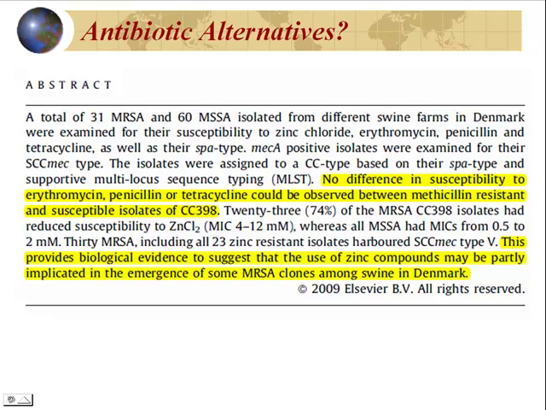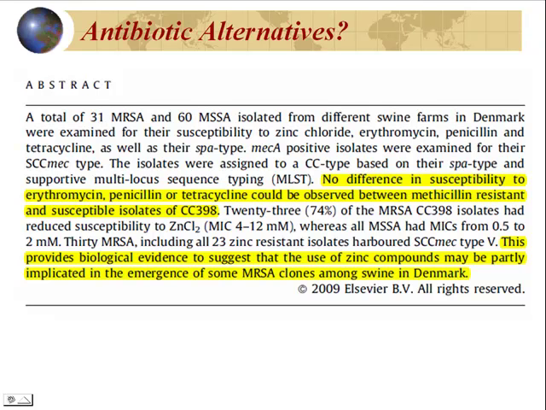I showed you that plasmid where there was resistance to mercury on it. Metal resistance is becoming a very common thing. You can find resistance to copper used in disinfectants. It might be selecting for antibiotic resistance: mercury, silver, and in this case, zinc. What happened in Denmark? Well, they had to replace some of their antibiotics with other things. One thing they replaced it with was zinc oxide. They've also got zinc chloride.